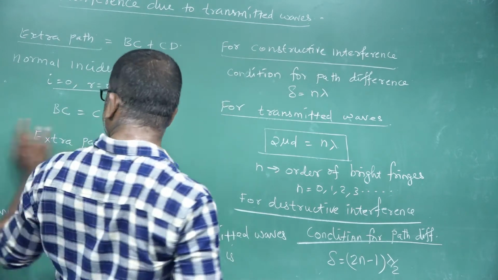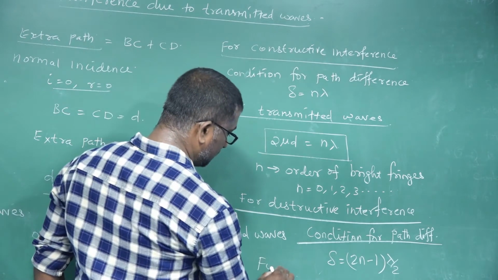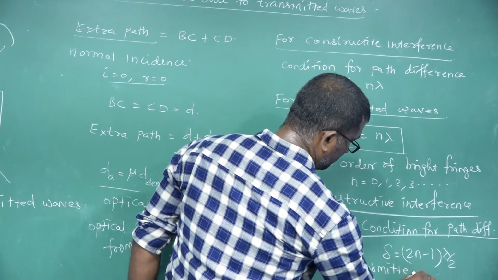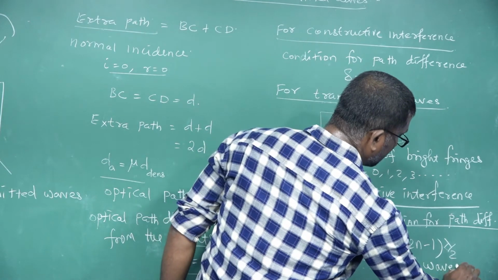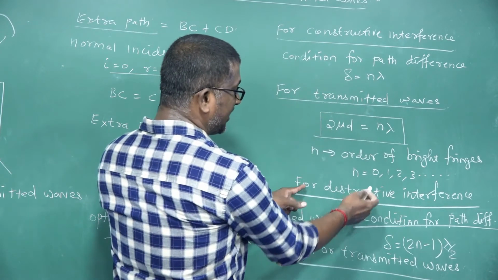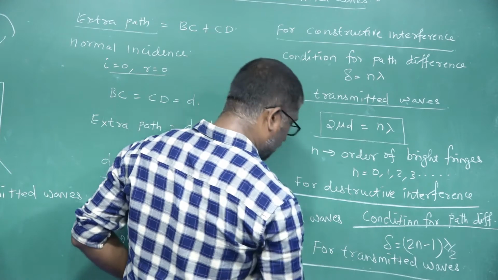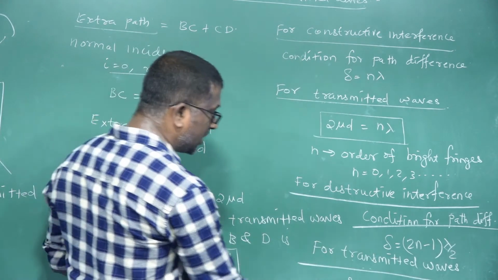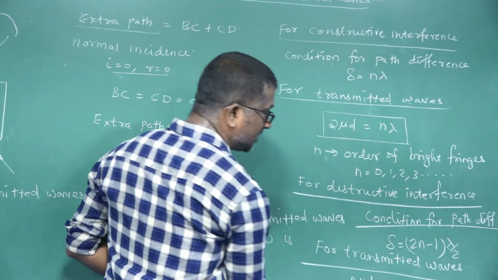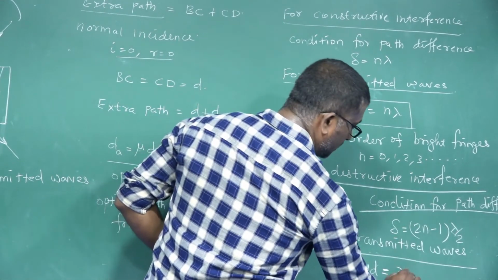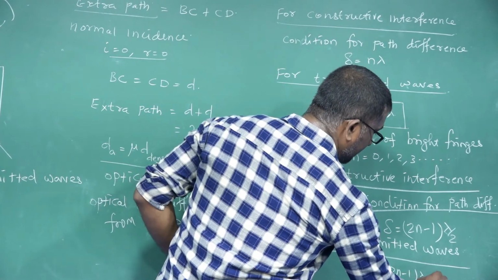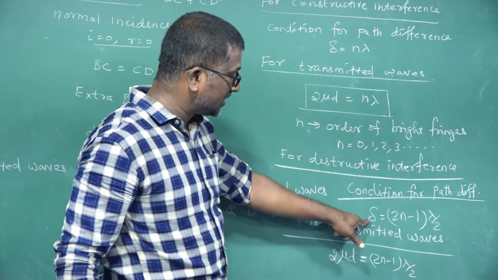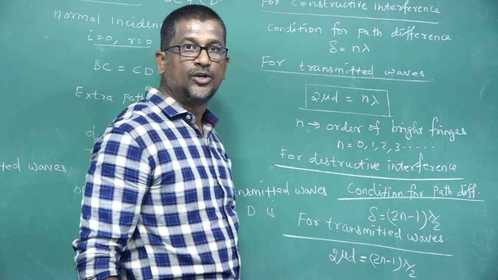So for transmitted waves, the condition for destructive interference: the path difference obtained is 2 mu d. So 2 mu d is equal to 2n minus 1 lambda divided by 2.